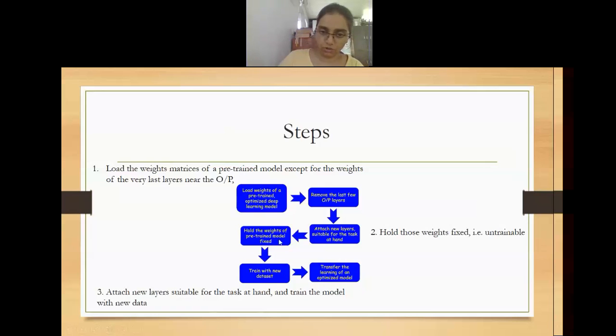Since you have removed a few layers and attached new layers, the problem of recognizing cats has changed to the problem of diagnosing your radiology images. So whatever you have learned here, you transfer to some other model which you could deploy practically.